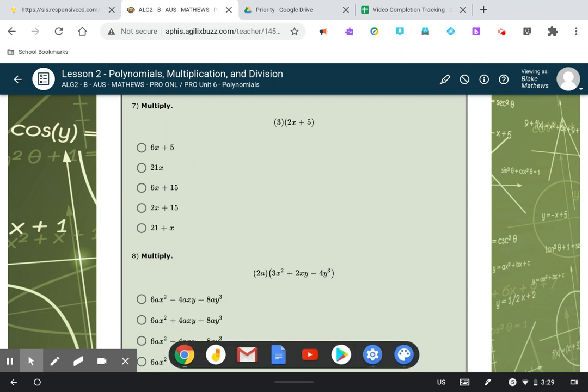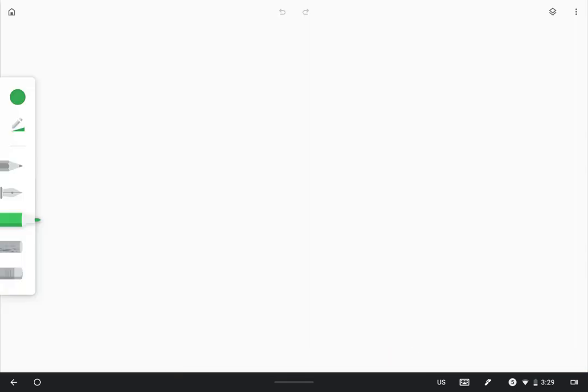So I'm just going to work through a few problems that are similar to what you have in front of you, and I will post the images of the work on the lecture notes on the Google Classroom. Let's say we have something like this: 2 times (7b plus 3).